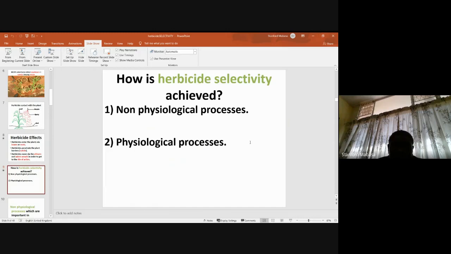Then the second one, we can account for selectivity through physiological processes. So today, what we are going to focus on is number one, the non-physiological processes.